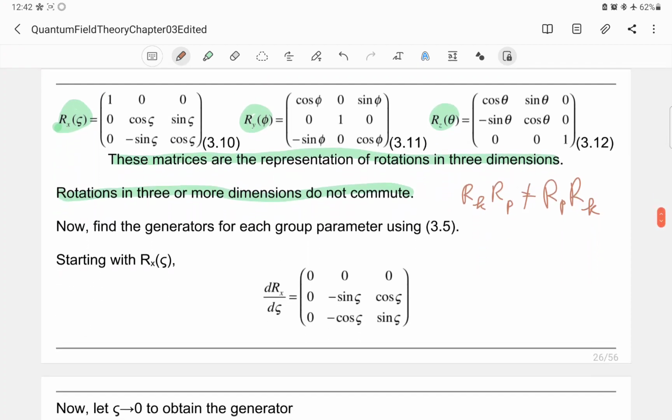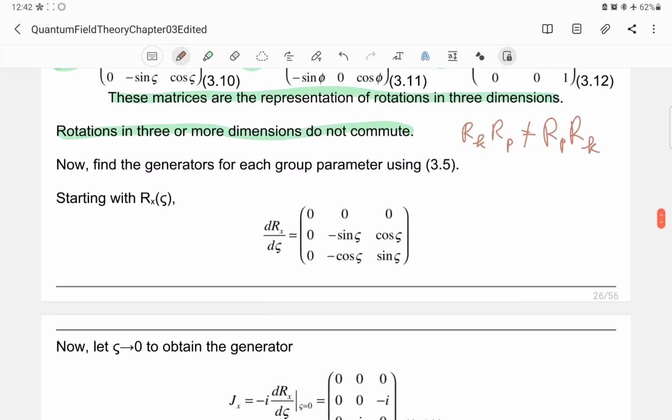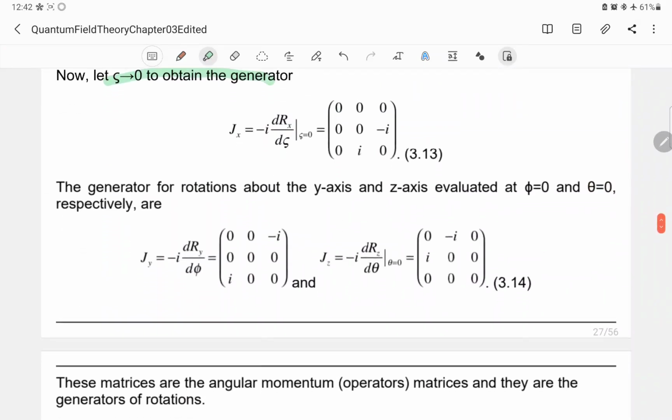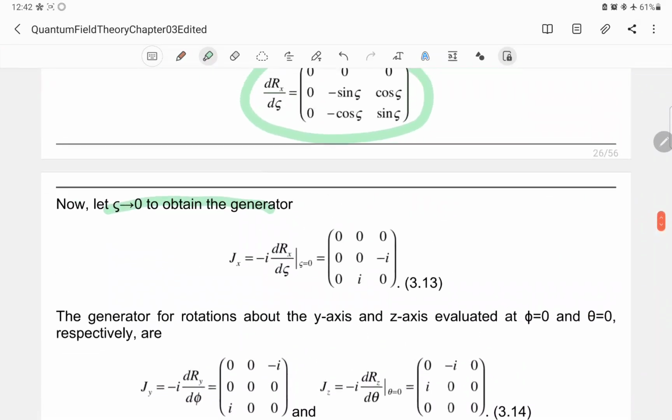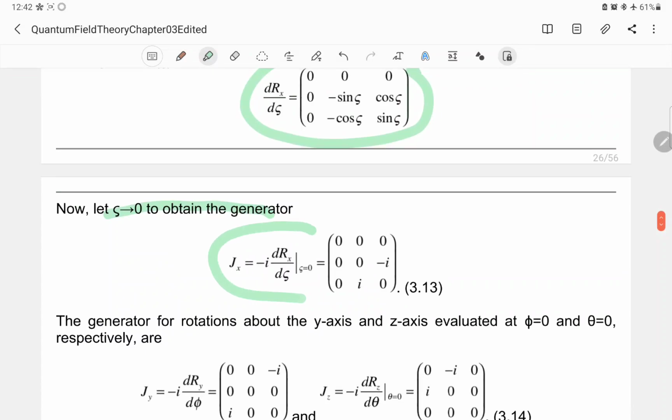So if we start with Rx of eta, if we get the derivative of it, which is this one, and then let eta go to 0, we obtain the generator, this one here. This is one of the generators of the group.